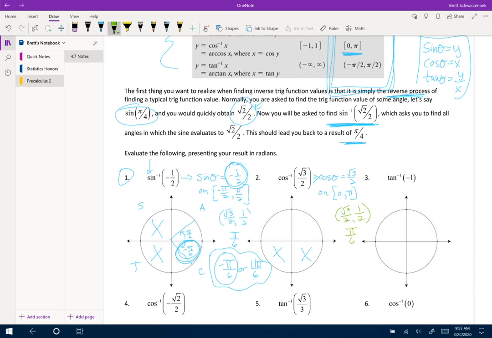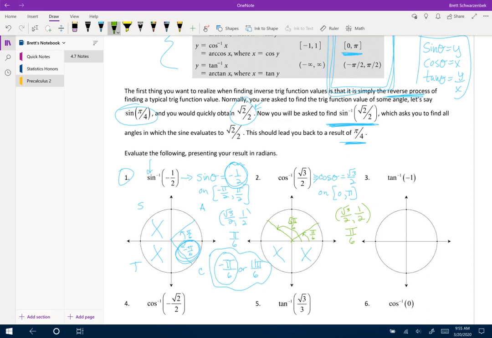So the question is, what are the different π/6 rotations in this scenario? Well, in the first quadrant, it's just π/6. But the π/6 rotation in the second quadrant is actually 5π/6. Okay, so therefore, the solution to our problem is going to be either π/6 or 5π/6.